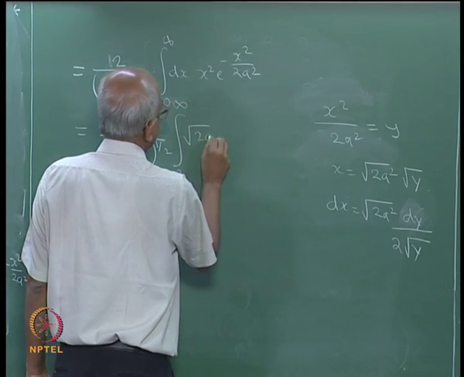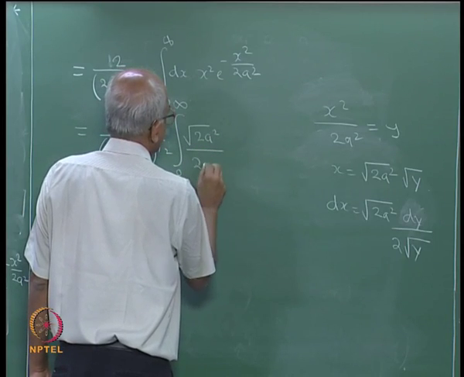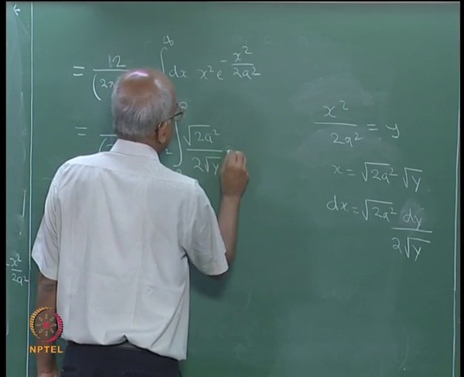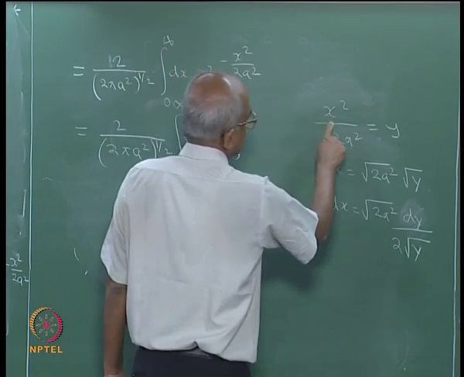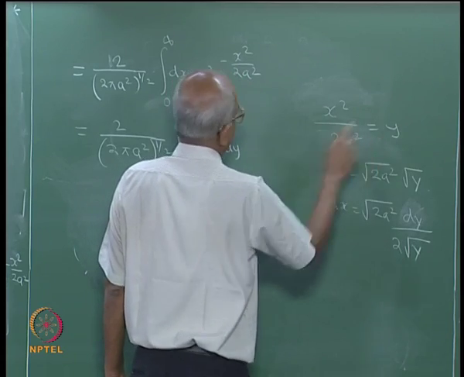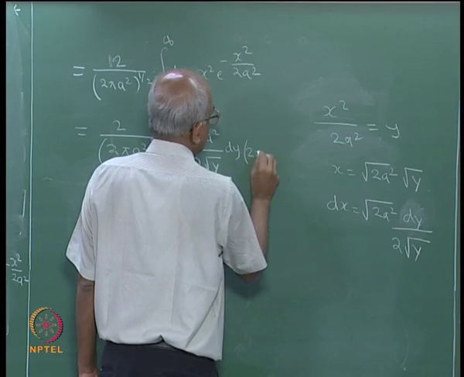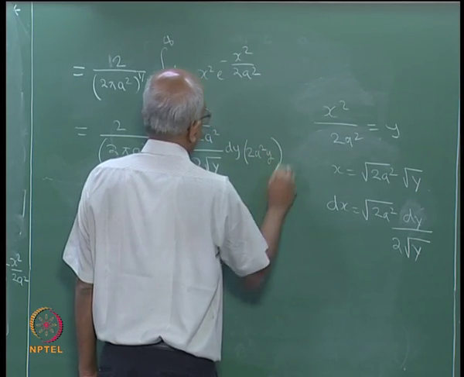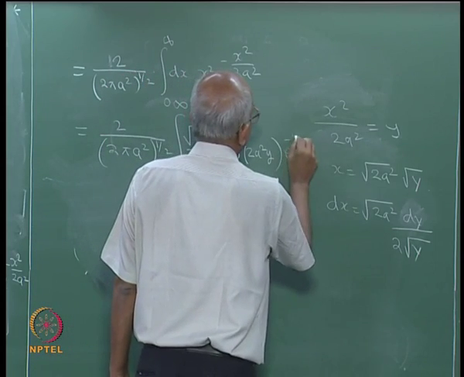So, you will get square root of 2 a square divided by 2 root y into dy. X square, where is it? X square by 2 a square is y. So, therefore, x square may be written as 2 a square y and e to the power of minus y.